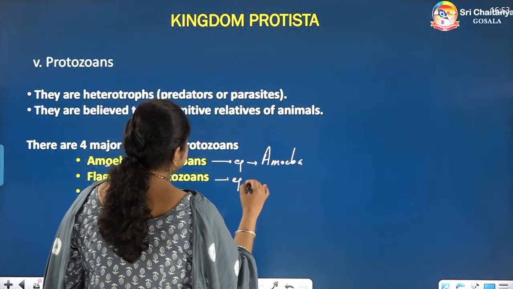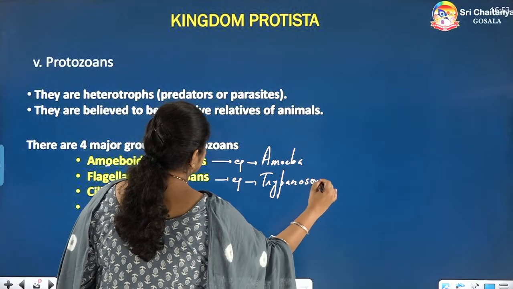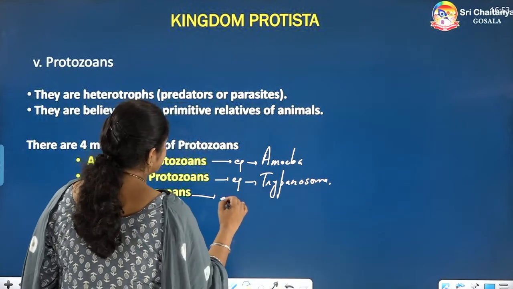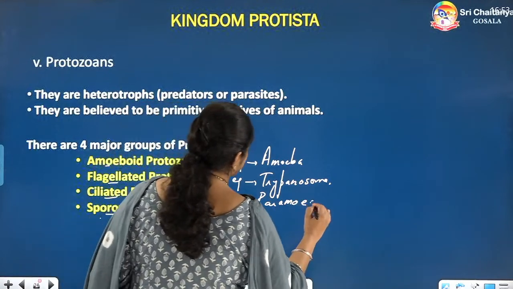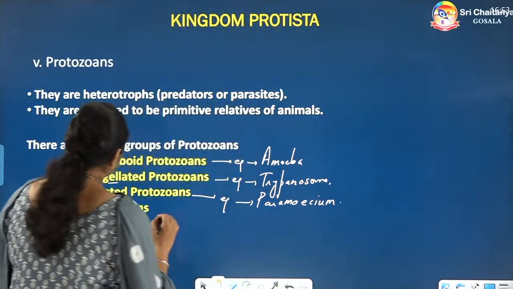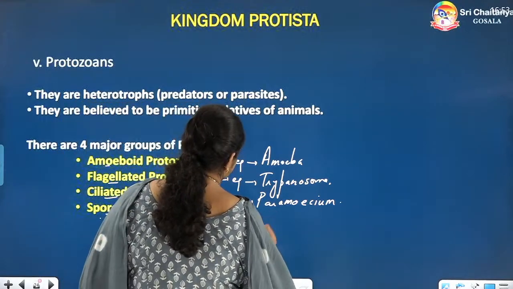Flagellated example is Trypanosoma, right? Ciliated example is Paramecium, and sporozoan example will be Plasmodium.